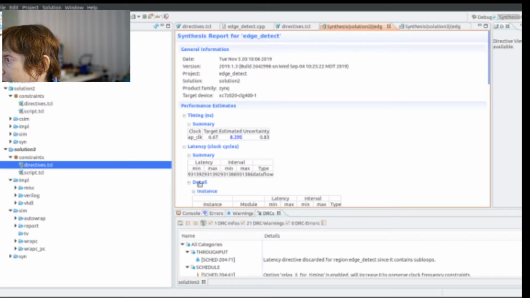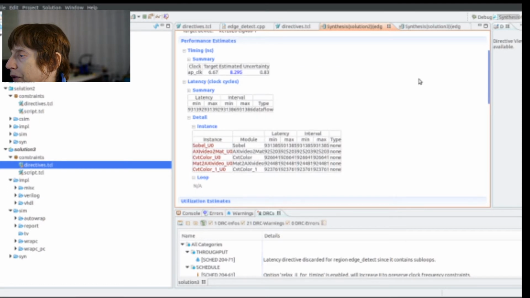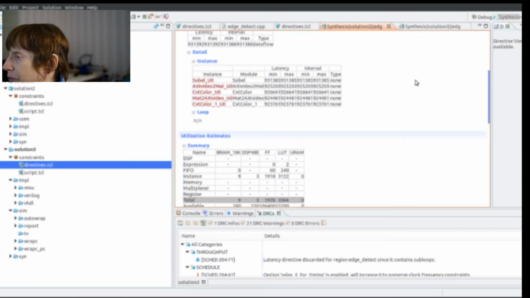And they go into the latency interval, the clock cycles for each of the items in the algorithm. And we're using data flow here. So you can see loops are not part of it because we don't have any loops.